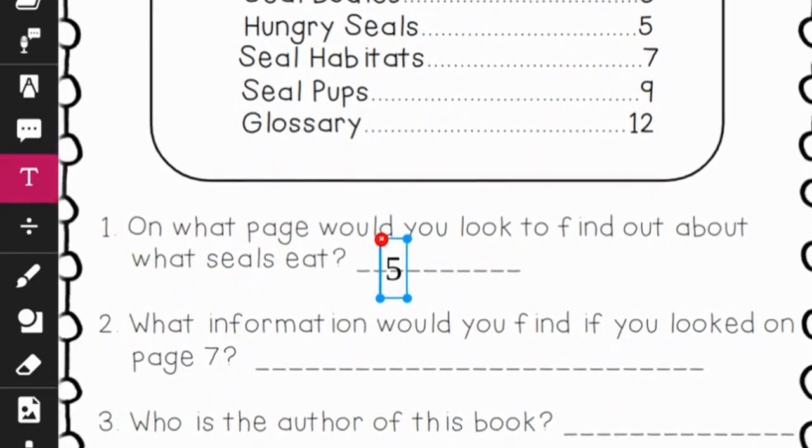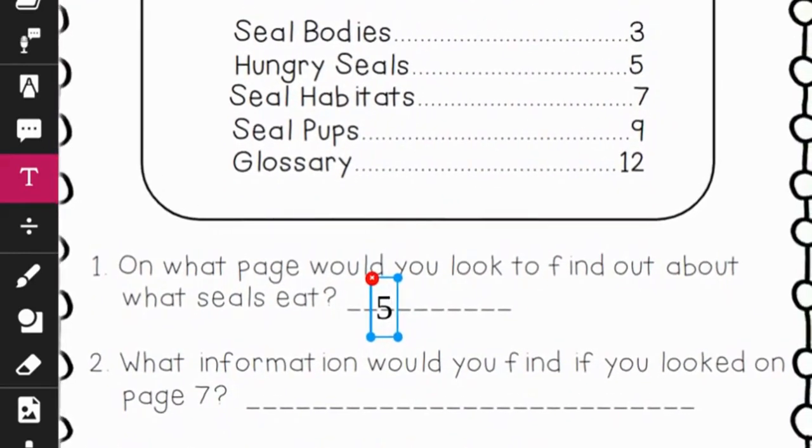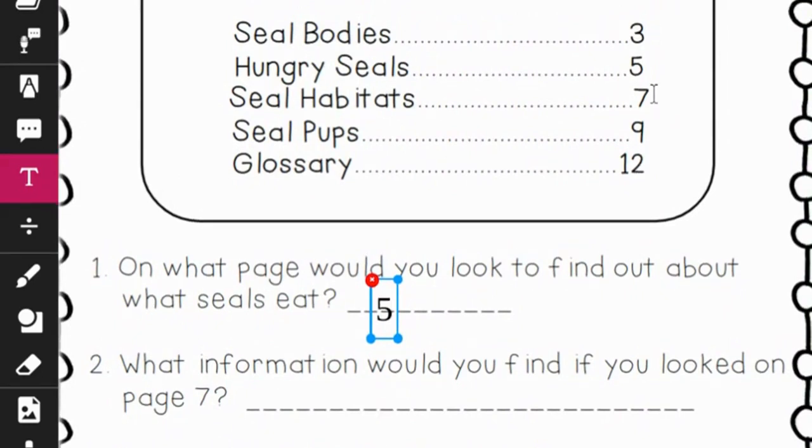Number 2 asks, what information would you find if you looked on page 7? So let's see what chapter we would find on page 7. Here's page 7, and we would find the chapter Seal Habitats. That means we are going to learn about where seals live in this chapter.